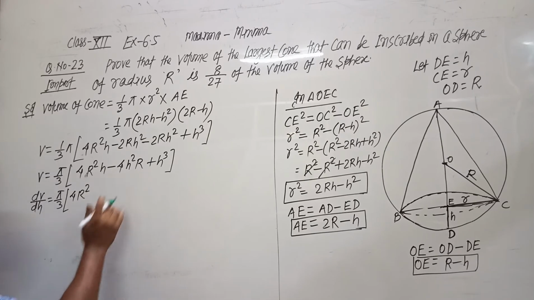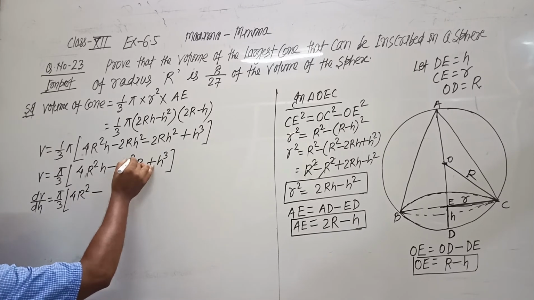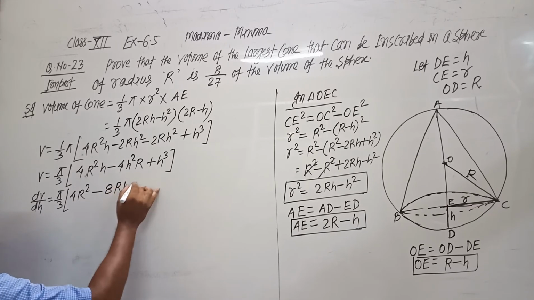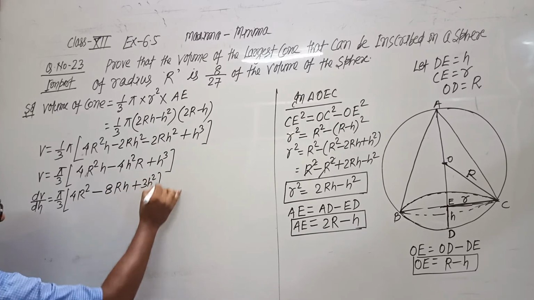Differentiation of h is 1, minus the differentiation of h square, which is 2h, so 8rh, and plus 3h square.